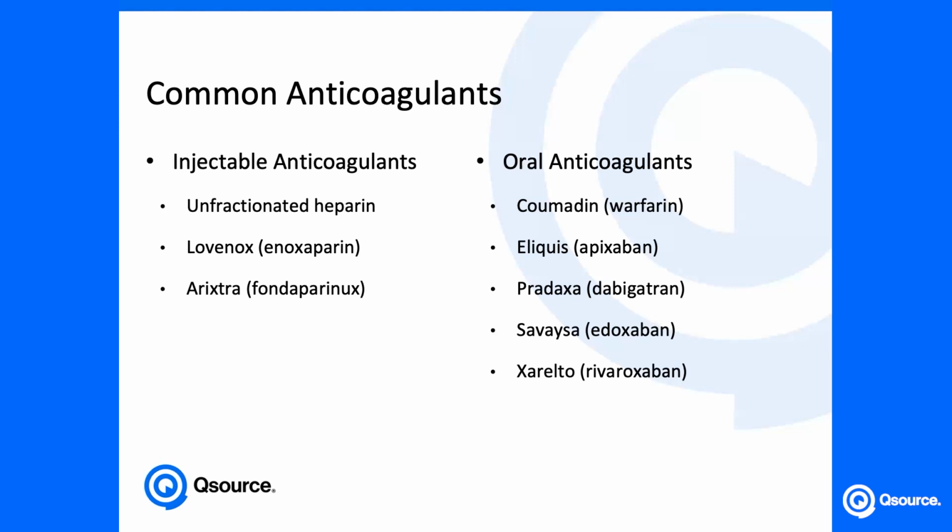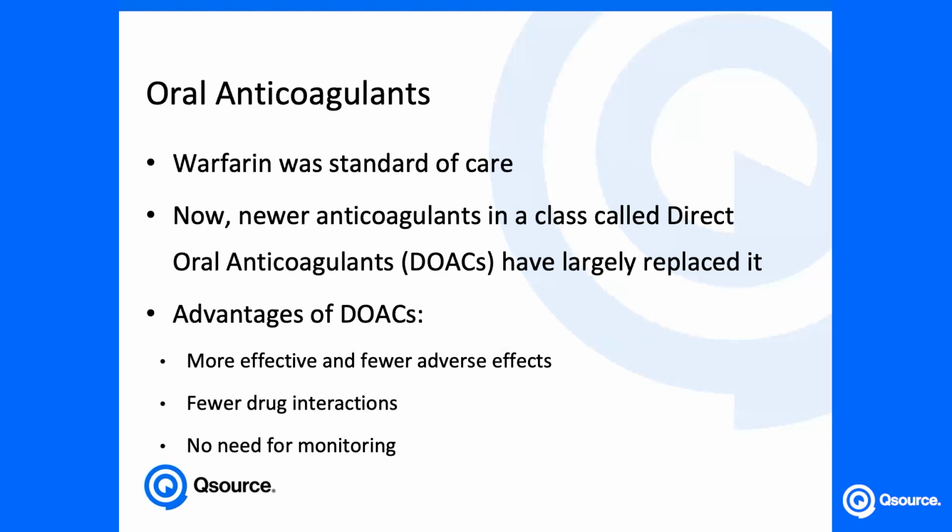So the 4 that we see here are Eliquis, Pradaxa, Savaysa, and Xarelto. Those are the 4 newer agents. And I say newer, probably since 2010, 2011, they've been commonly used. So historically, warfarin was the standard of care, but these newer anticoagulants, direct oral anticoagulants or DOACs, have largely replaced the use of warfarin.